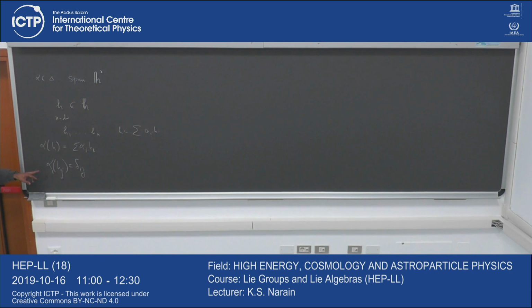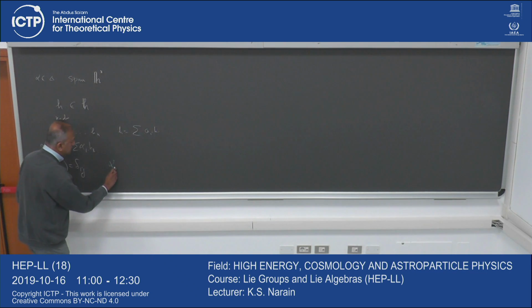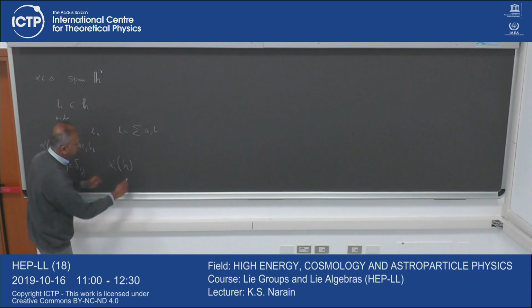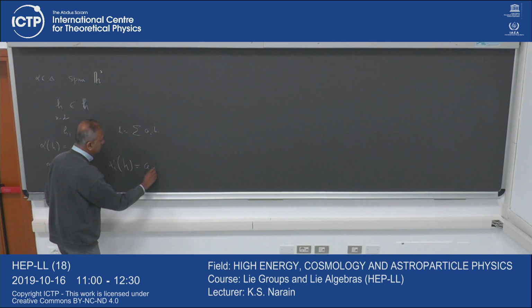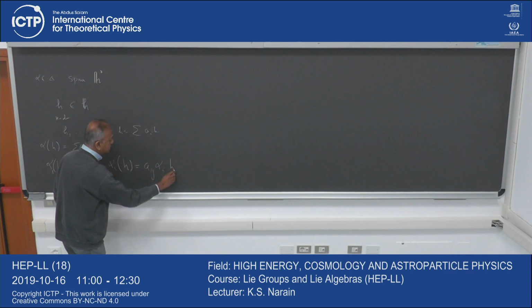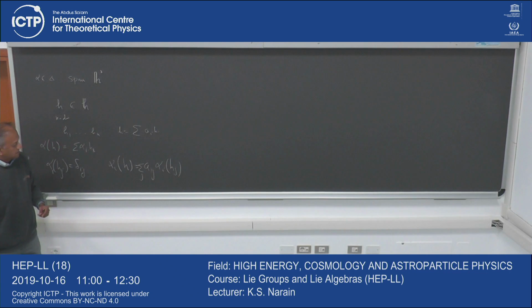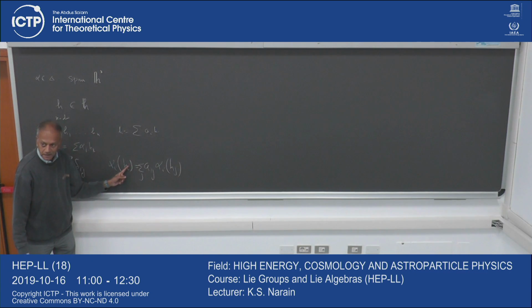What I'm claiming is that if I define a function of this type, it's enough to specify how the function acts on the basis. Once I know it for the basis, then alpha_i acting on H, where H is of this form, is going to be the sum over j of a_j alpha_i of H_j, because the function is linear.